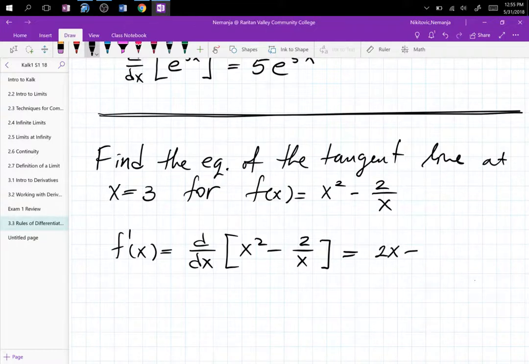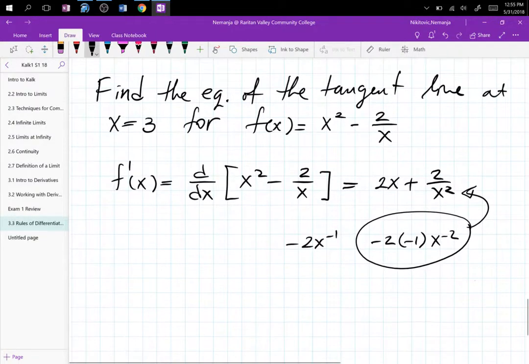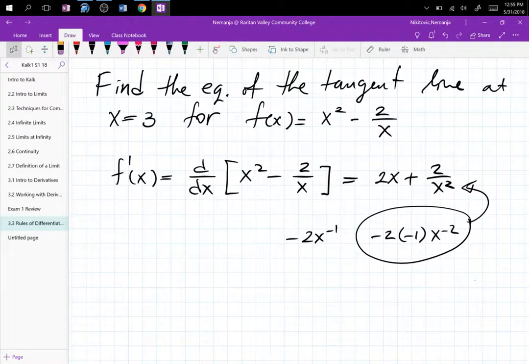And then we have minus 2 times, well, it's plus 2 over x squared. That's the derivative. You are taking the derivative of negative 2x to the minus 1. So you copy negative 2, you drop down negative 1, you have x to the minus 2, which, when you use the algebra appropriately, works out to be that.